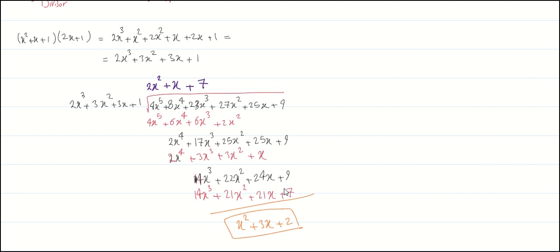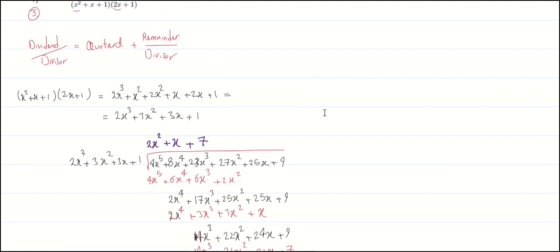Now, since we got our remainder and the quotient as well, we can move up and write the partial fraction that we got so far.